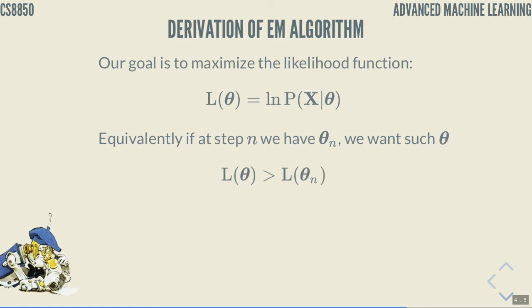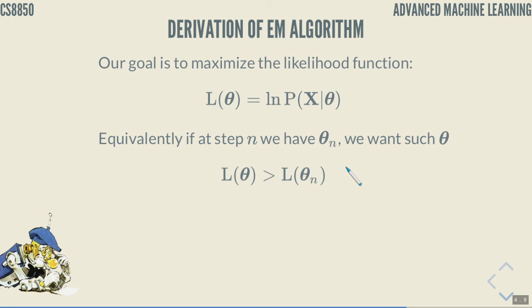Equivalently, if at step n we have some set of parameters, some values theta n, we want to pick such theta that the likelihood at that theta is greater than the likelihood that we have at the current value. We don't want greater or equal to, because then we're not maximizing anything, we're staying put.